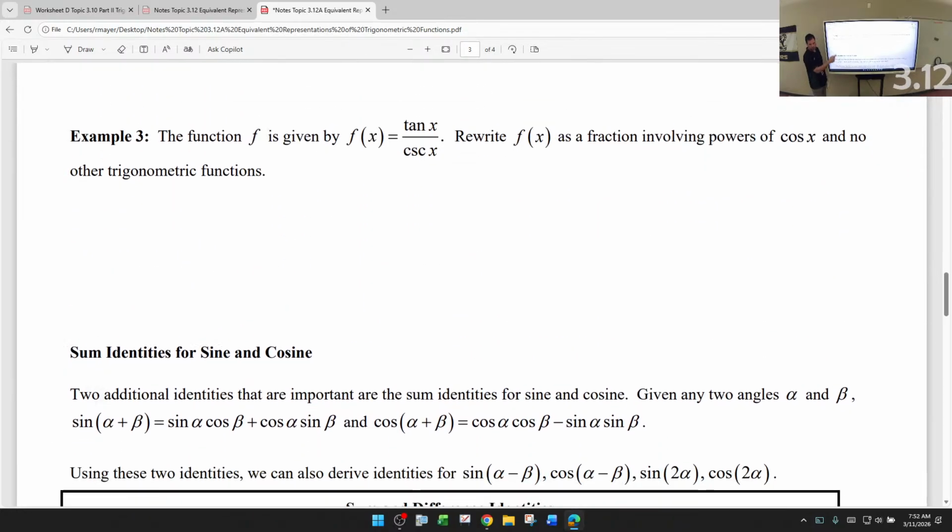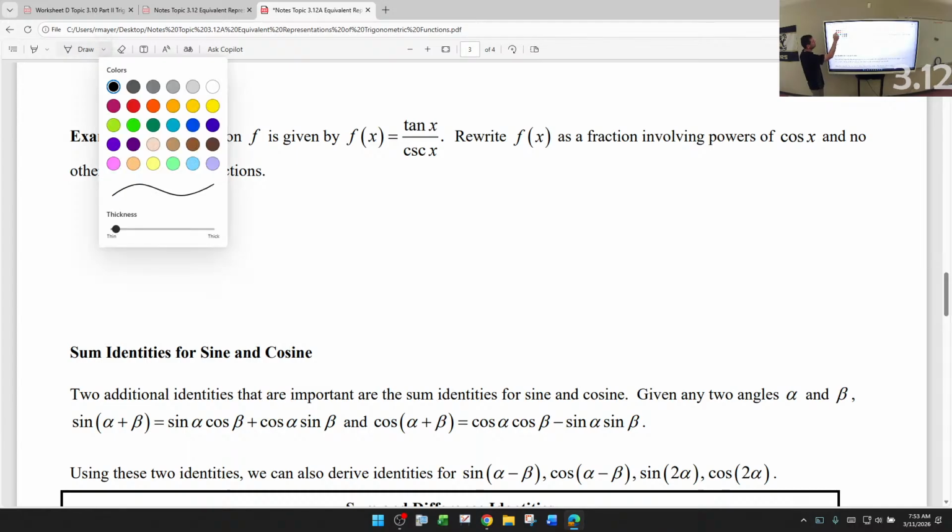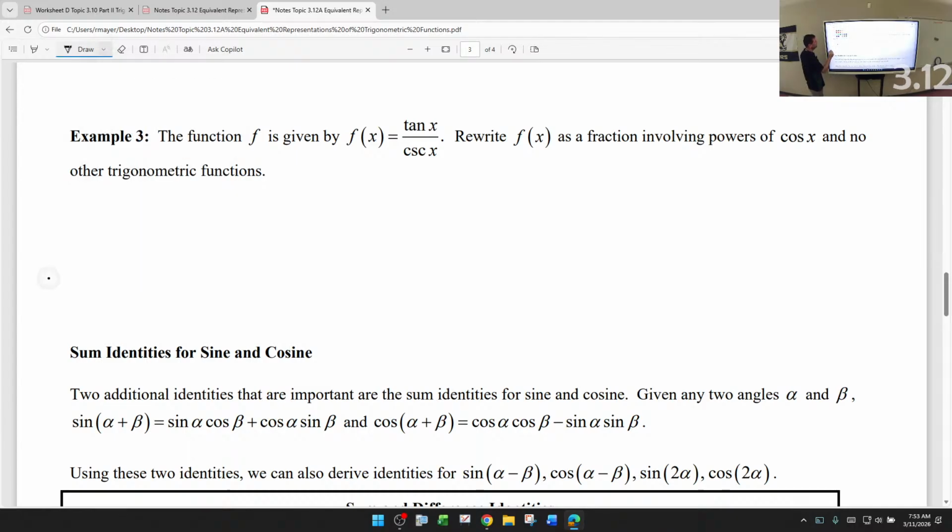Let's bounce down to example number 3. I've got f of x is equal to tangent x over cosecant x. Rewrite it as a fraction involving powers of cosine x and no other trigonometric function.